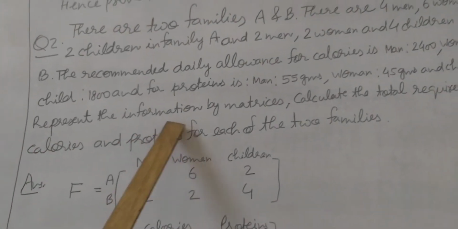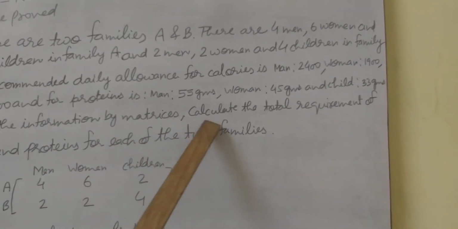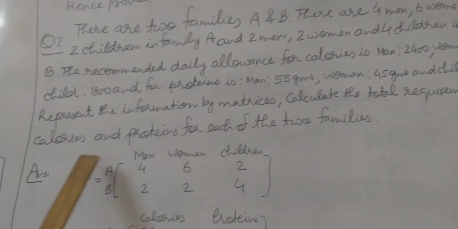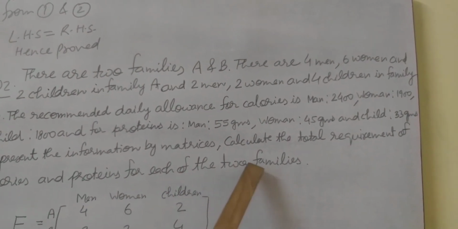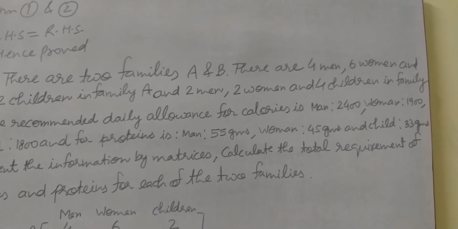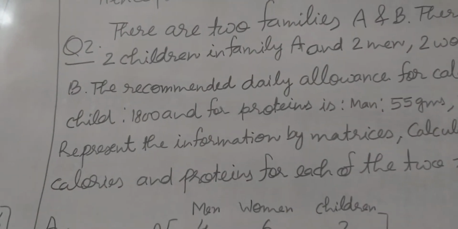Represent the information by matrix. Calculate the total requirement of calories and protein for each of the 2 families. Okay student, so this is the question student.